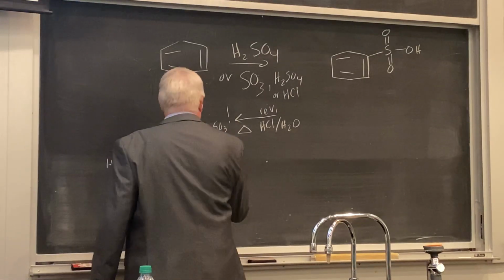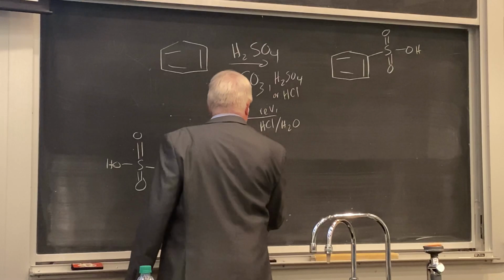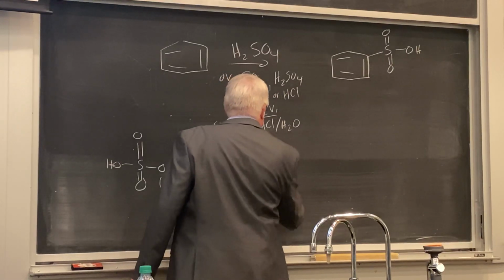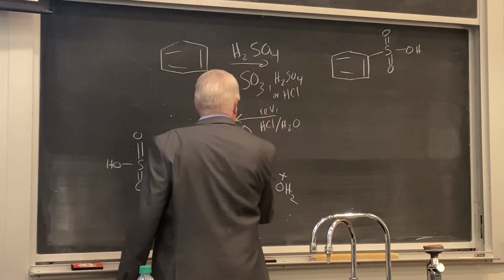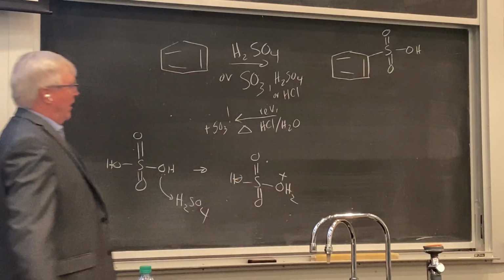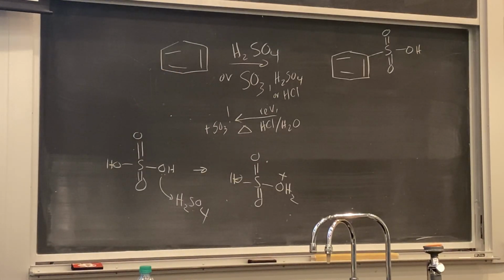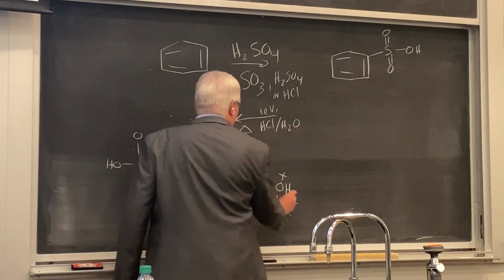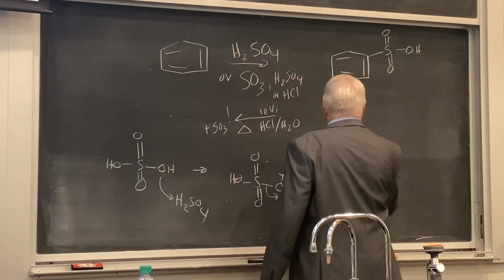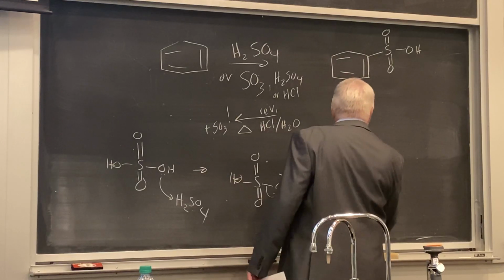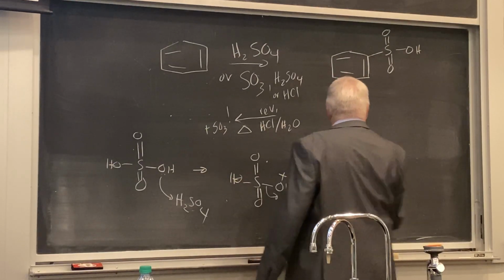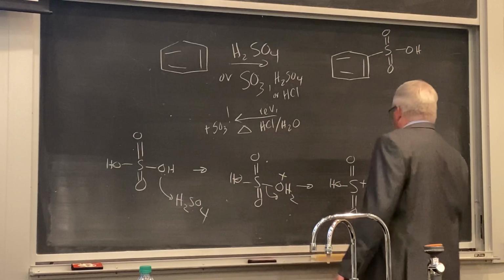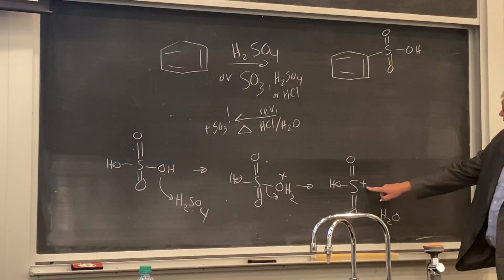And what do we get? Protonated form should look like this. Okay. We've got an extra proton on there. And this is one step away from making, yeah, water. And what do we get? Sulfur cation and water.